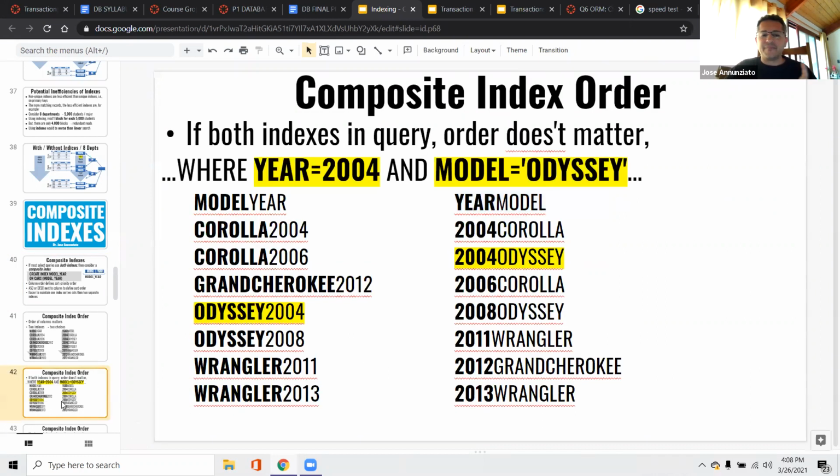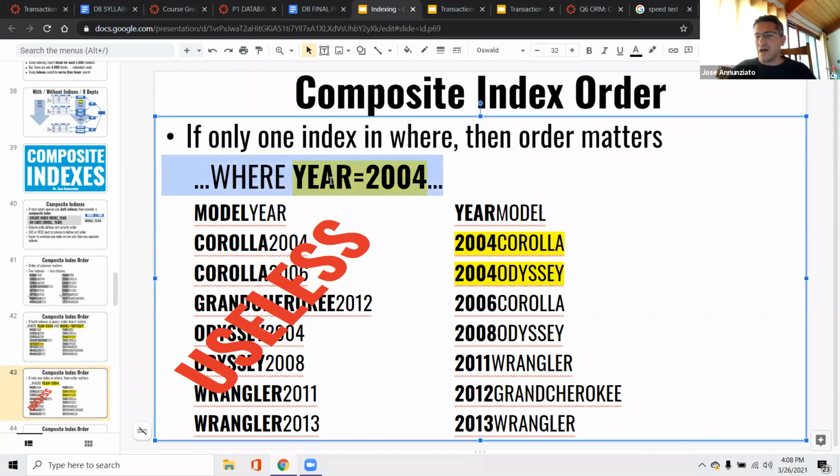Okay, so when you use both fields in the where clause, it's inconsequential how you declare this index. But if in your where clause you only have one of the fields, if you have year equal 2004, then now the order does matter. It'd be very convenient if the keys were ordered numerically by year, so that you can find 2004 first and follow the keys by the year.